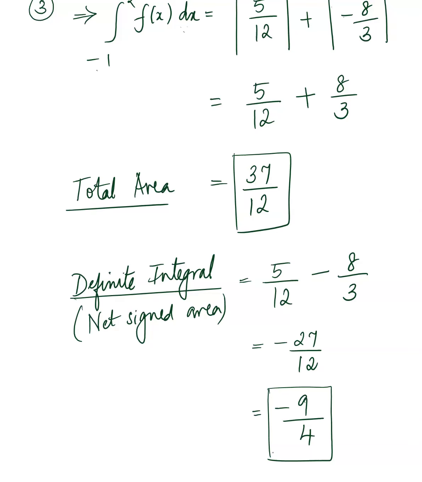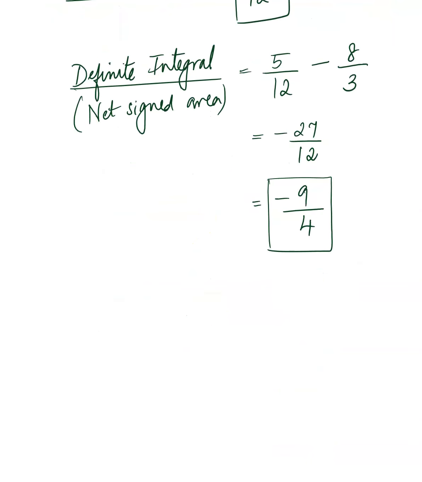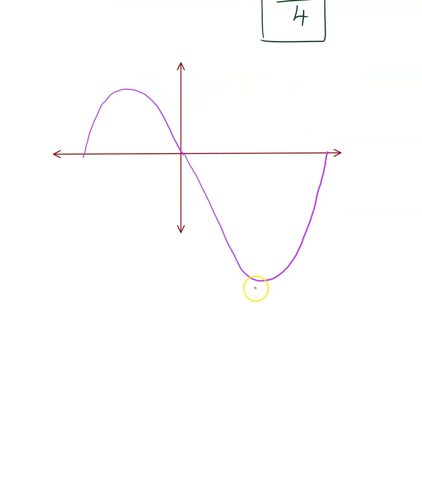Now let's do a quick look at the sketch of this graph. So our graph is y equals x cubed minus x squared minus 2x. That's your purple graph. And these were the positions where we got our zeros, right? And this region was positive, so we automatically got a positive 5/12.